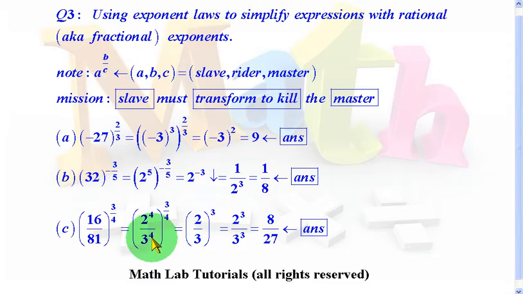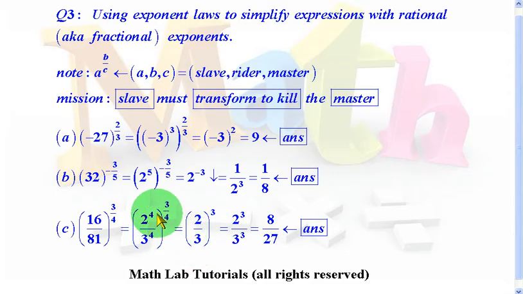Okay? Using the distributive product law, or the distributive quotient law, these 4's can both go on the outside, and this becomes 2 over 3 to the power 4 dot 3/4. Because the 4 over here and the 4 over here can go on the outside and multiply the outside exponent. And we're left on the inside of the brackets with 2 over 3.